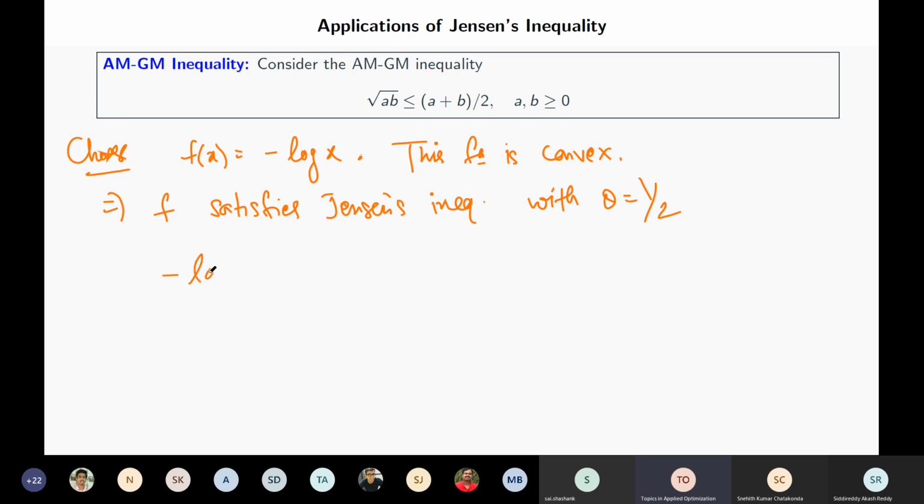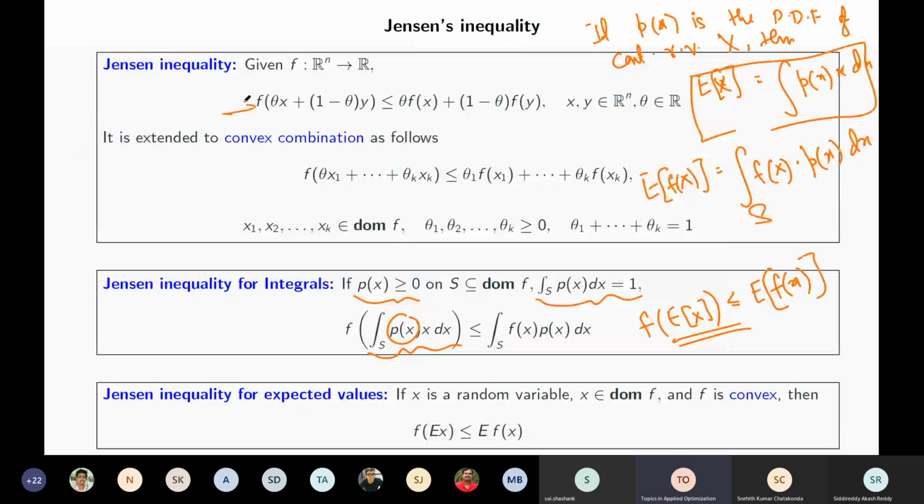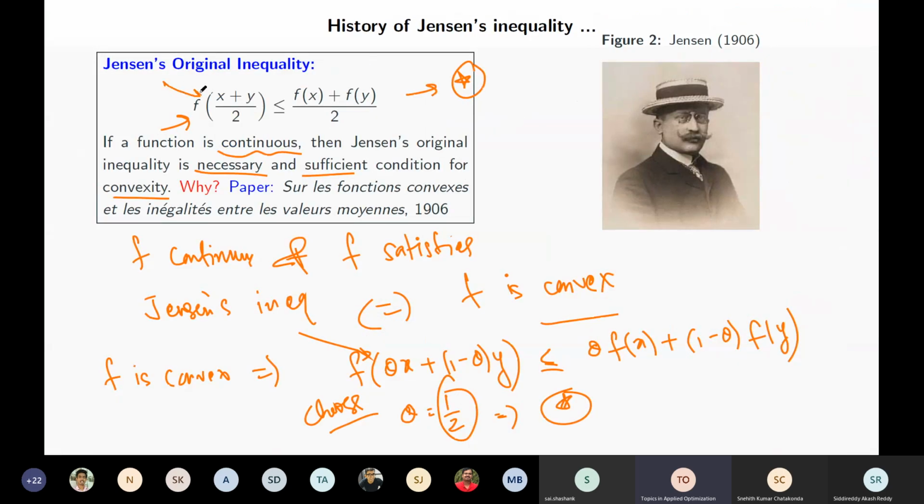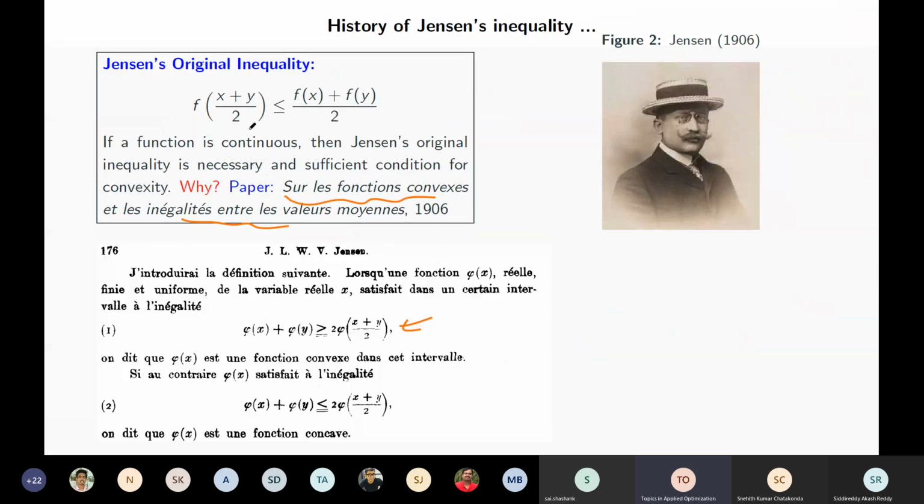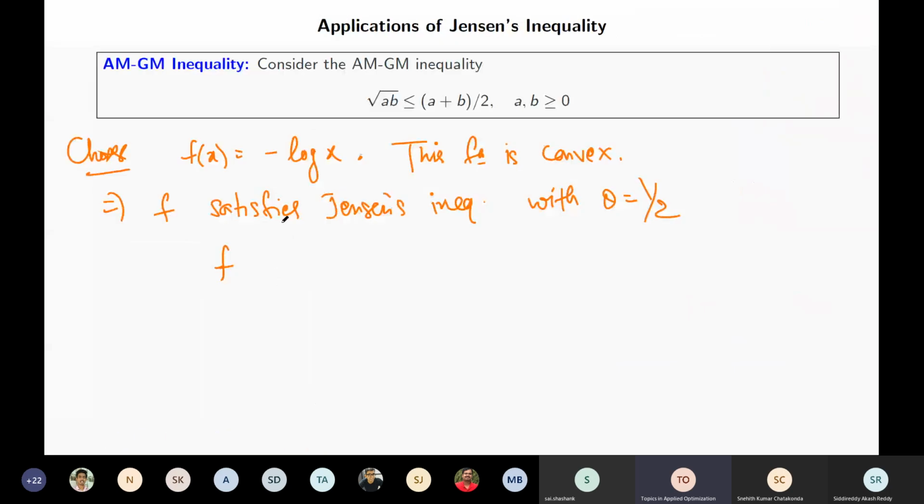So the Jensen's inequality, the special case I'm saying, because Jensen's inequality is general, right? This is the general case of Jensen's inequality. This is the special case of Jensen's inequality. So we are trying to apply the special case in the logarithm case.